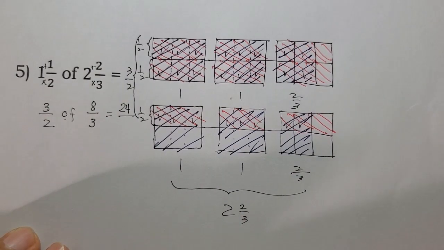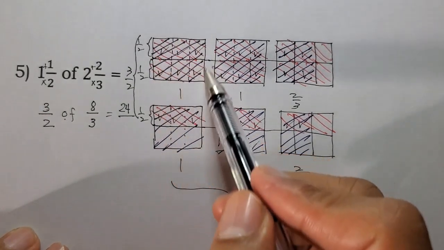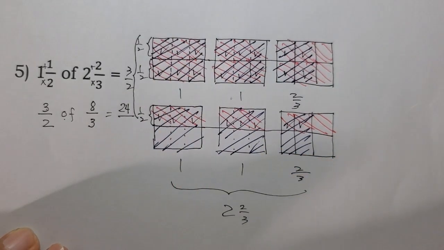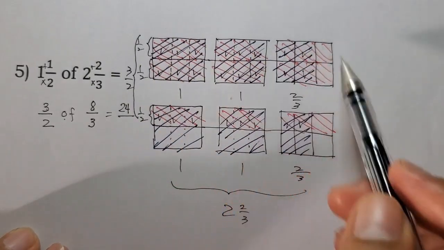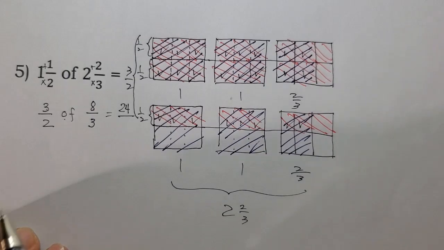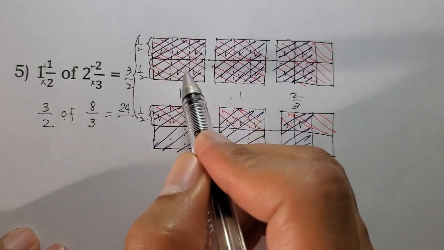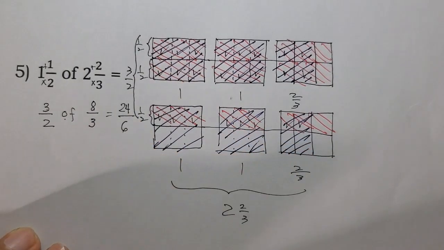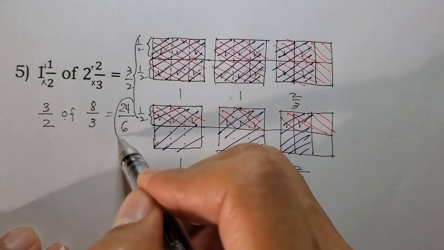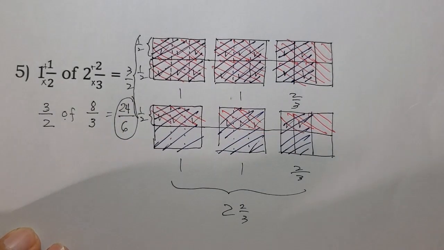Now, try to look at how many equal parts the whole was divided. Actually, each whole here is divided into 6 equal parts. 1, 2, 3, 4, 5, 6. So our denominator should be 6. Exactly, because 2 times 3 is equal to 6. So, our answer is 24/6.